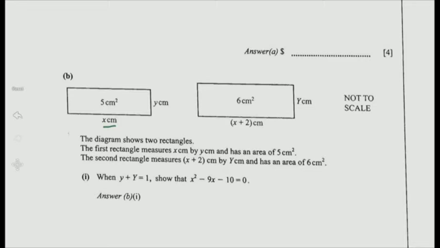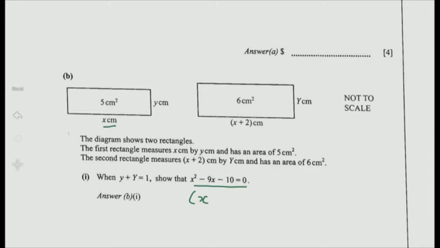If you remember very well, we have shown that x squared minus 9x minus 10 is equal to 0. Then we can work out that value of x by solving this quadratic equation. We have already factorized this expression.